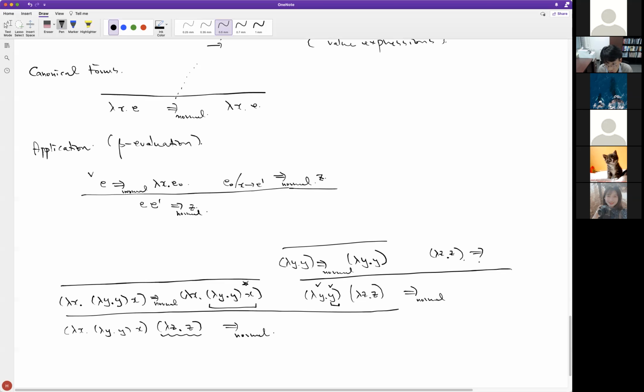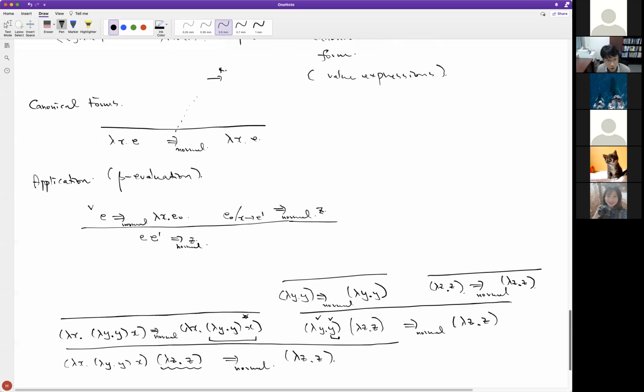And if we evaluate this, it is a canonical form, so we get an answer here. And that's going to be the answer for everything. So here's how we can apply these inference rules.